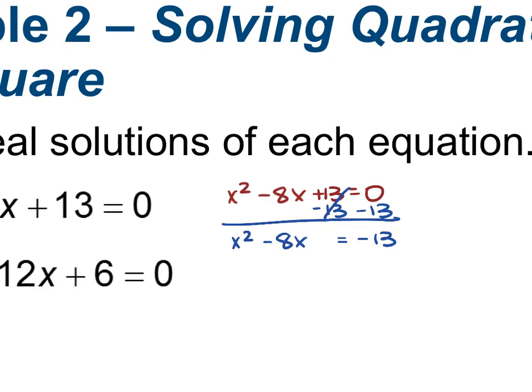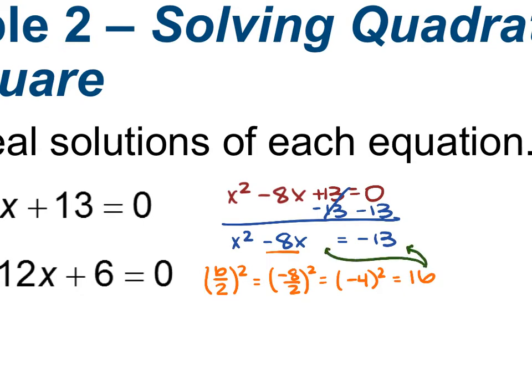Now, I'm going to take my b term, which is that negative 8, and I'm going to do b over 2 squared. This is going to give me negative 8 over 2 squared, which is negative 4 squared, and that gives me 16. With this 16, I'm going to add it to both sides of my equation that I left off with, x squared minus 8x is equal to negative 13.